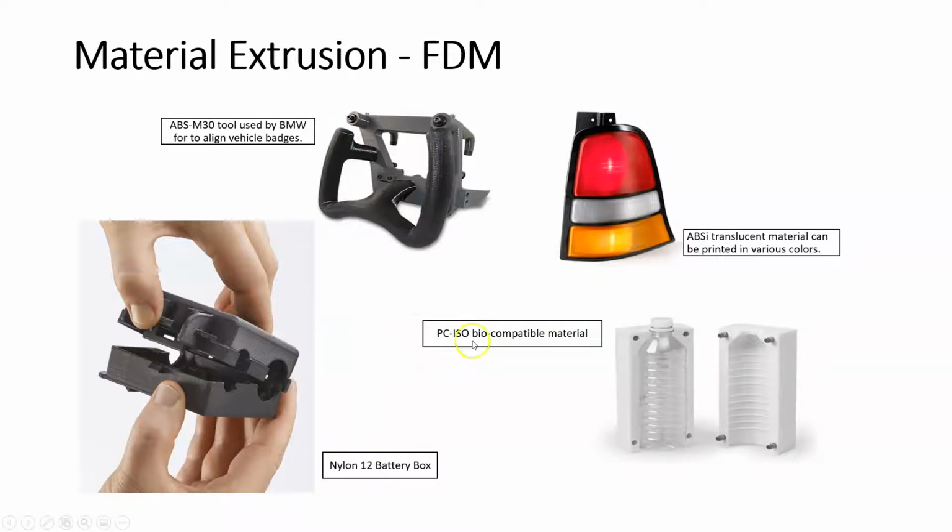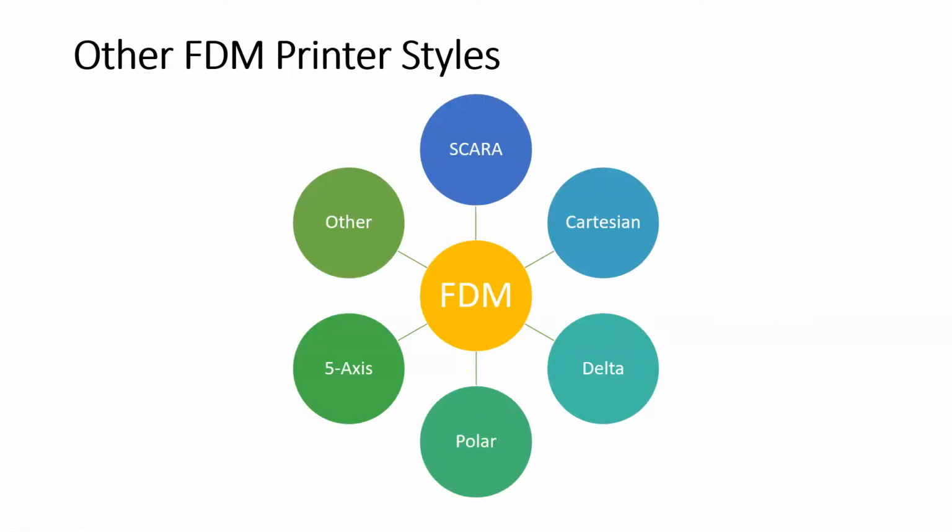And so that's one of the attractive natures of the material extrusion process. Now, there's a lot of other FDM printer styles, or more precisely, fused filament fabrication, material extrusion 3D printer styles.